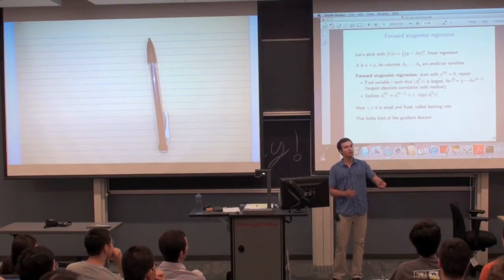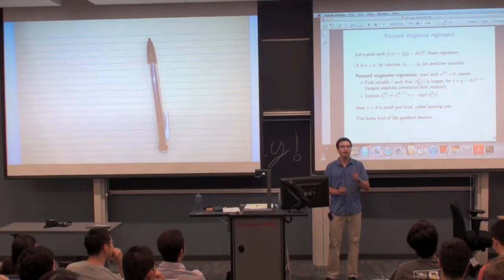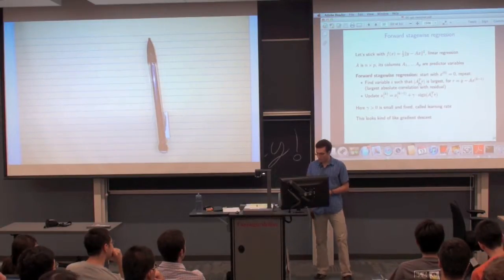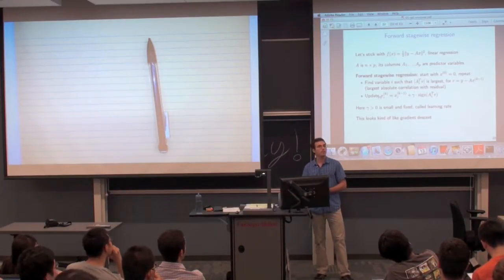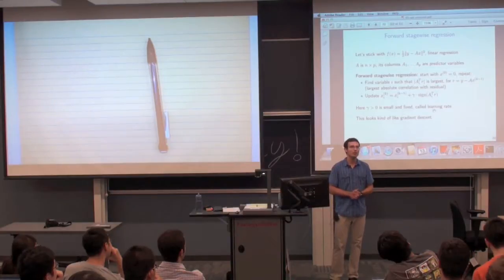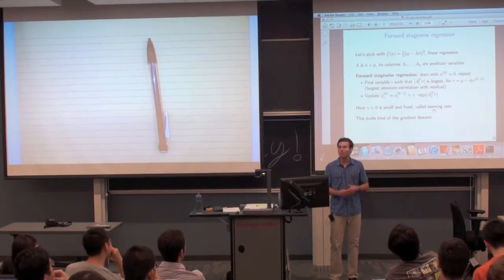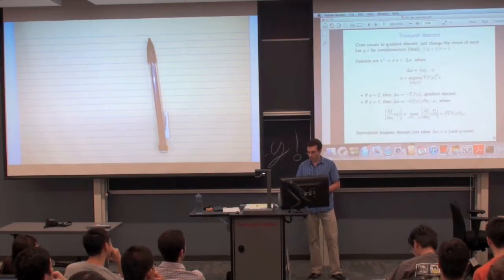In order to get the least squares solution, we look at the variable that's most correlated with the residual in absolute value, and we add a little bit of the sign of that variable to that component of x. So if the ith variable is most correlated with the residual, then we add a bit to x_i, and that's our new guess for the coefficient vector x. If we did this enough times, this would give us the least squares solution. But if we do this only a handful of times and then stop, it gives us something that's sparser than a least squares solution. That's called forward stagewise regression.